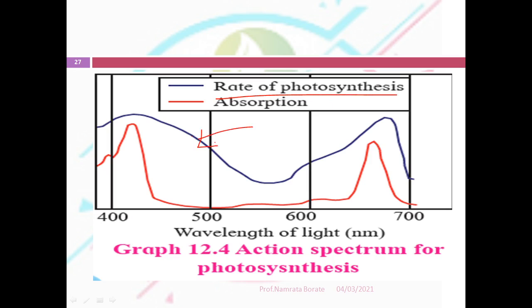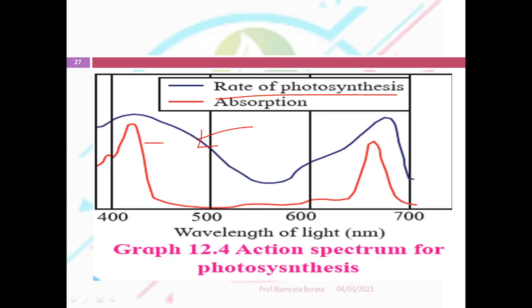In the action spectrum, the rate of photosynthesis is measured as the amount of carbon dioxide fixation, the oxygen production and the NADP reduction. The action spectrum of photosynthesis is different from the absorption spectrum. There is quite a lot of the spectrum where chlorophyll A absorbs little energy.